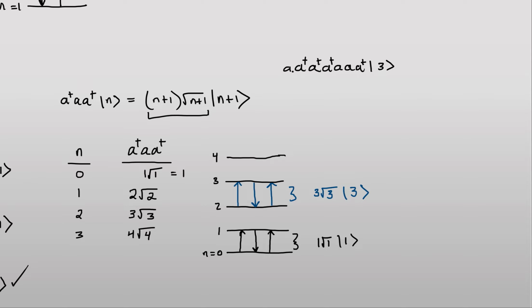So we create, that brings us to 4, then we annihilate, this brings us back to 3, this brings us down to the 2 state, this will bring us back up to 3, this will bring us up to 4, up to the 5 state, and this will bring us up to the 6 state.